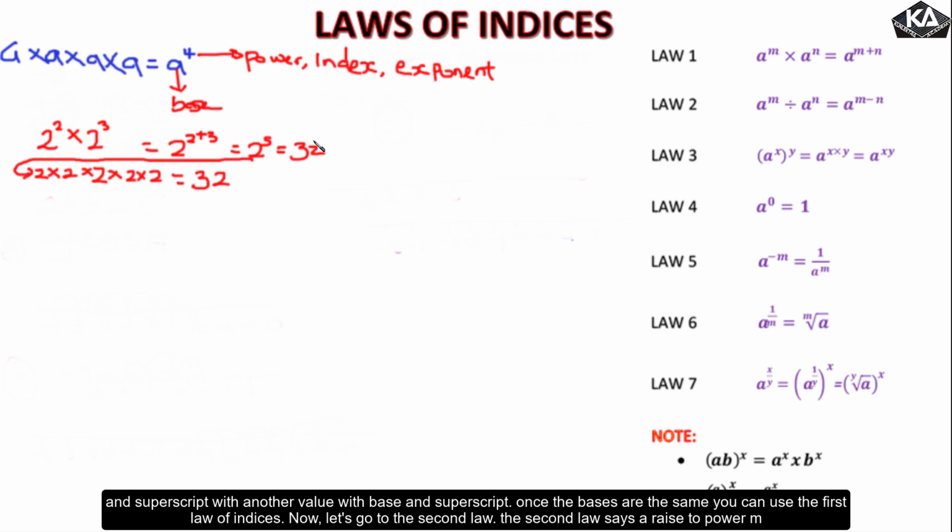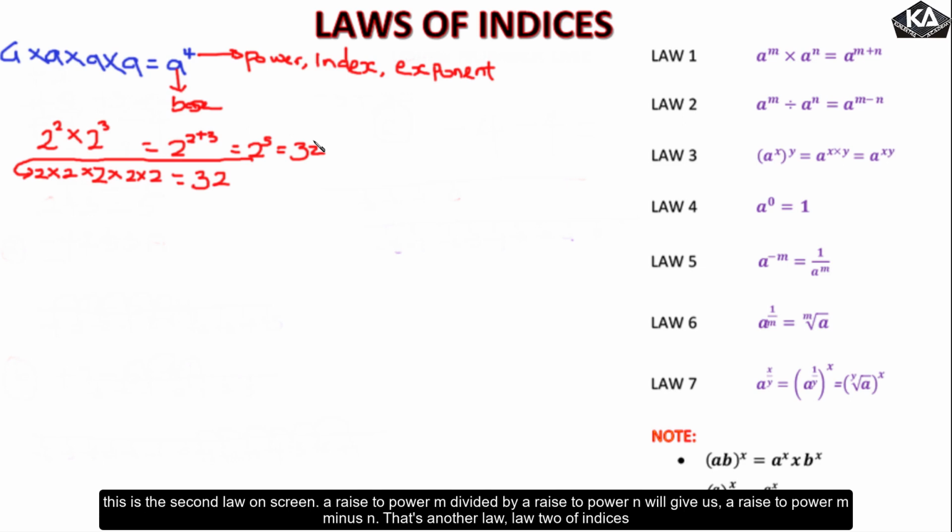The second law says a raised to power m divided by a raised to power n will give us a raised to power m minus n. That's law 2 of indices.